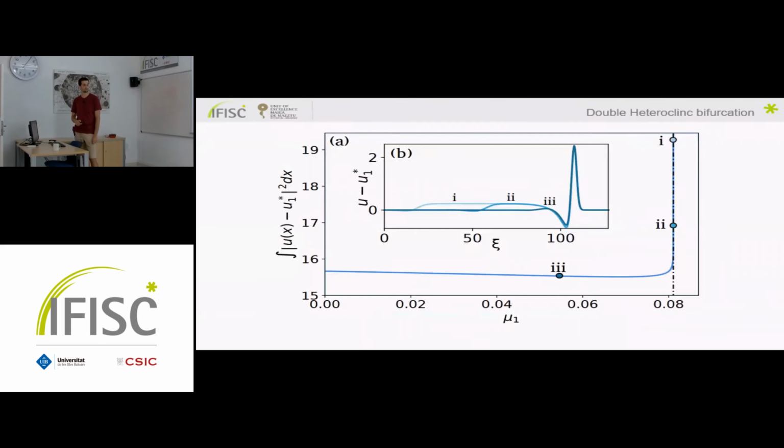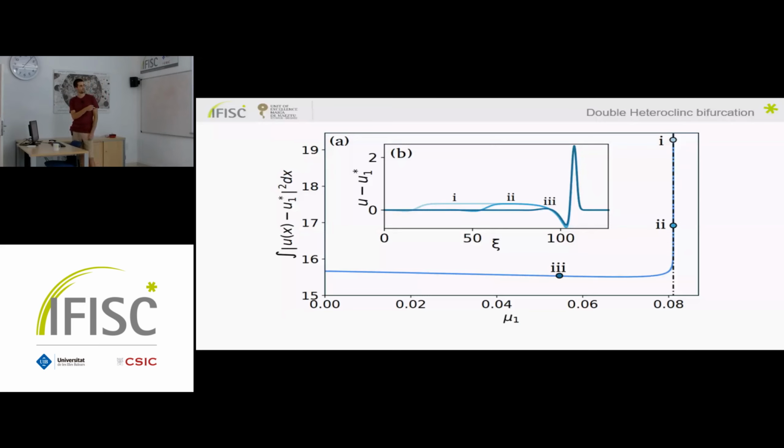And what happens when we approach there is that the pulses start to develop a little tail that becomes a plateau on the saddle point. No? Here, what I'm plotting is the norm of the pulses minus the norm of the homogeneous state as a function of one control parameter mu to approach the bifurcation, and we can see how this diverges. This diverges because of this plateau that is growing on the back of the pulse.